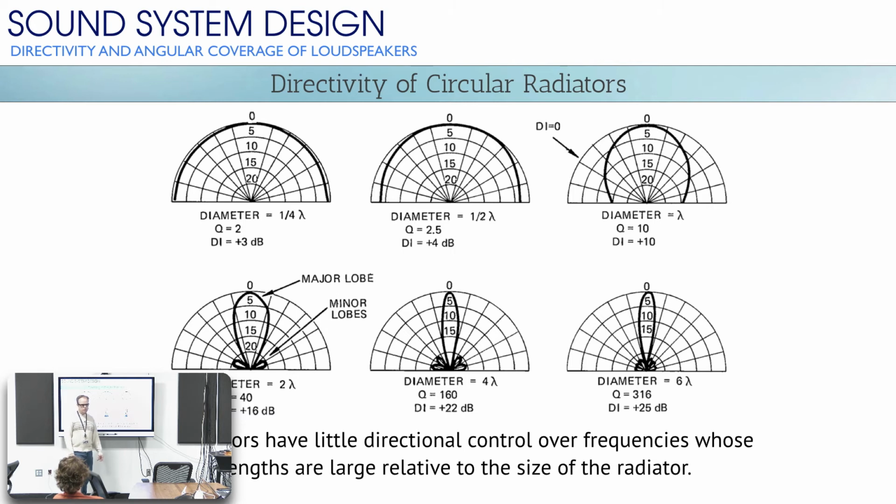A common misconception is that the smaller drivers can produce the high frequencies, and the bigger drivers can produce the low frequencies. And the big drivers just can't produce those high frequencies, and the smaller ones can't produce the low frequencies. That's not true. Not true at all.